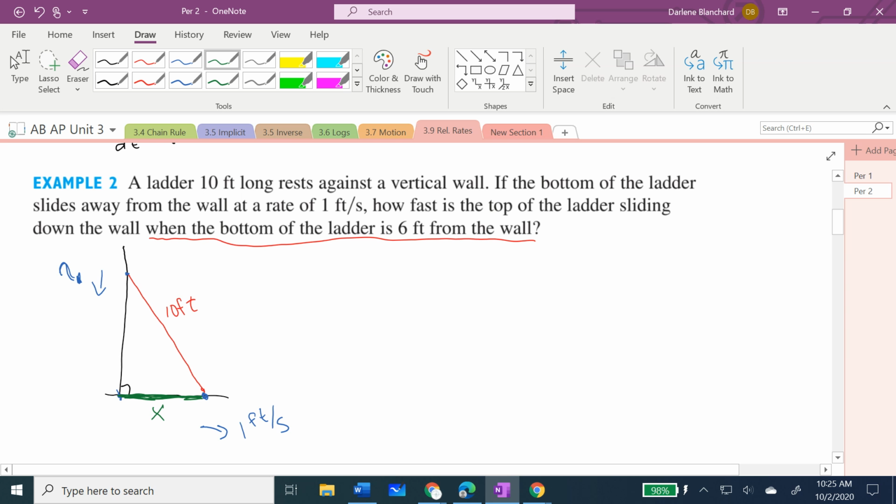When they are telling us that the bottom of the ladder is sliding away from the wall at a certain rate, x is going to grow. So dx/dt is going to be positive because x is growing 1 foot per second.